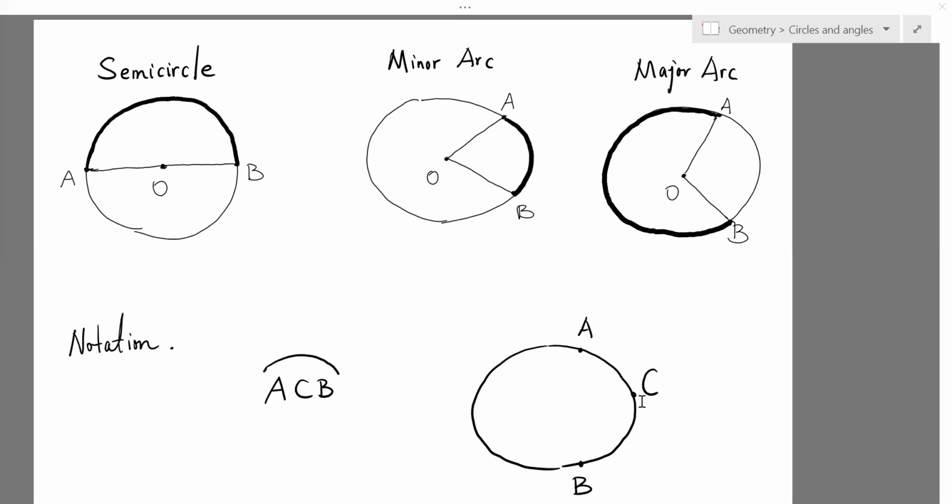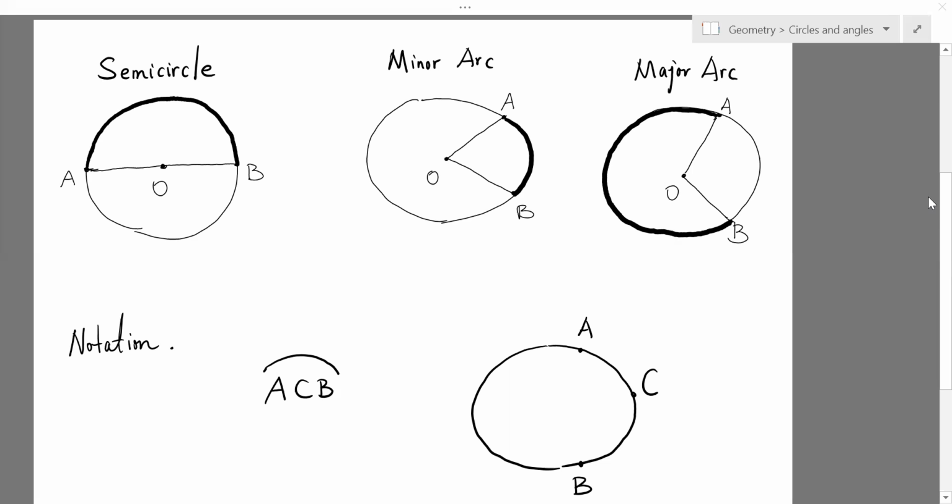We would just pick a point C on this arc, distinct from point A and point B, and denote this arc as the arc ACB. By picking a point on the arc, the ambiguity is eliminated, and it's clear which arc we are talking about.